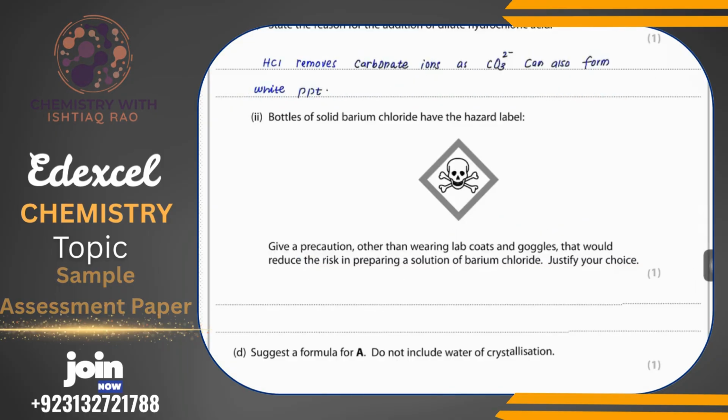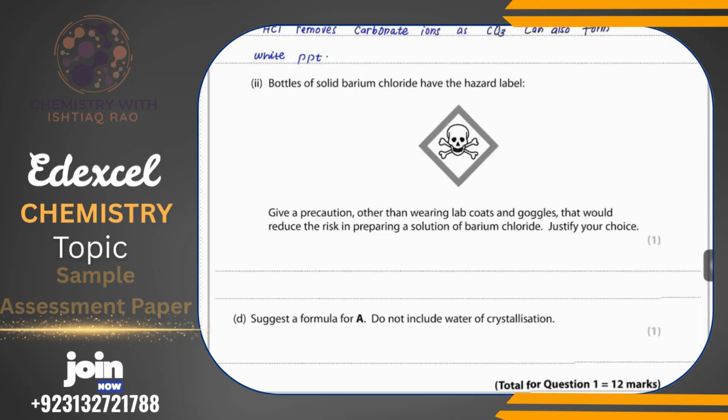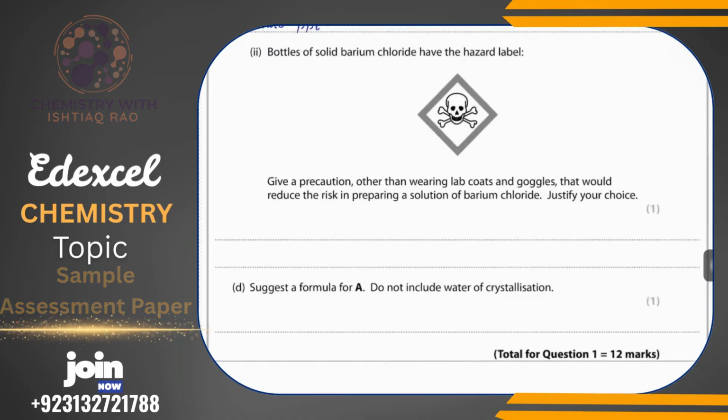Bottles of solid barium chloride have the hazard label. Give a precaution other than wearing lab coats, safety goggles that would reduce the risk in preparing a solution of barium chloride. Justify your choice. I'd use a fume cupboard to prevent breathing in the toxic gas. Yeah, like what is this? It's a sample of toxic. So they have a lab coat, they have safety goggles.